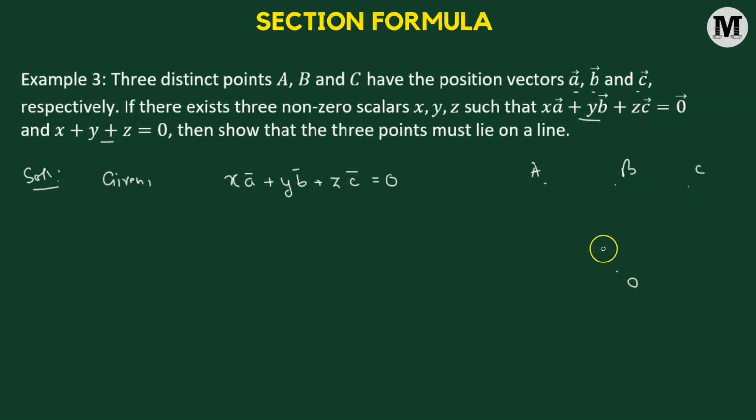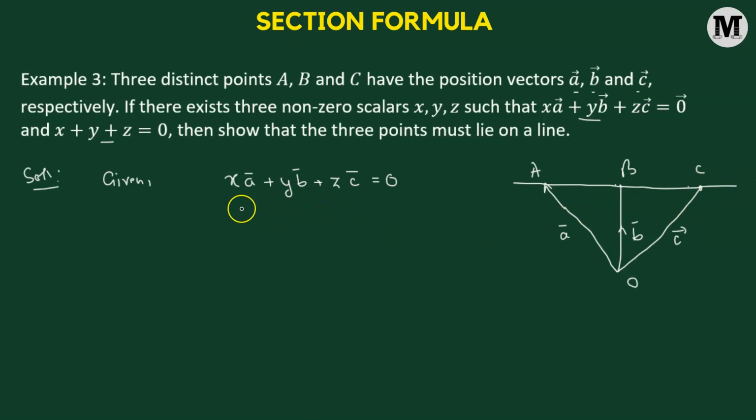That means we have some origin O. If we join point O and point A, we get the position vector A. Joining point O and point B gives us the position vector B. Joining point O and point C gives us the position vector C. We need to show that these 3 points A, B, and C lie on a line. So if we draw a line, then these 3 points must lie on that particular line.